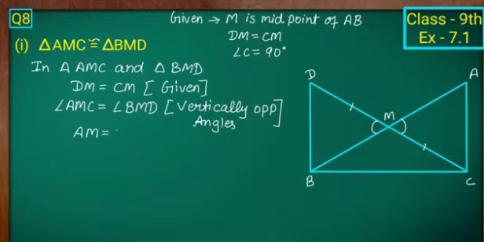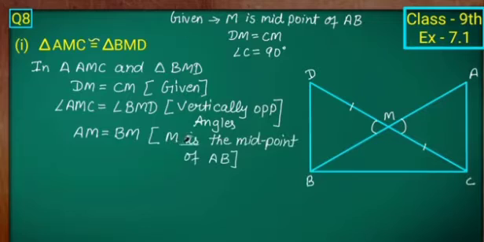The next, you know that very well, M is a midpoint of AB. Midpoint means it divides the line into two equal parts. So AM equal to BM, the reason being M is the midpoint of AB. So you can say that these two triangles are congruent by the rule side angle side.